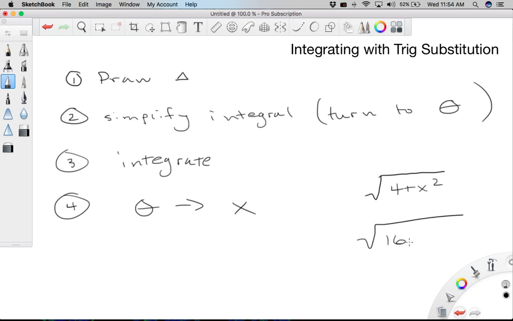It might be 16 minus a y squared. Anything with a squared term inside of a square root, it's possible that because of the way Pythagorean theorem works, you could turn this into a trig function.